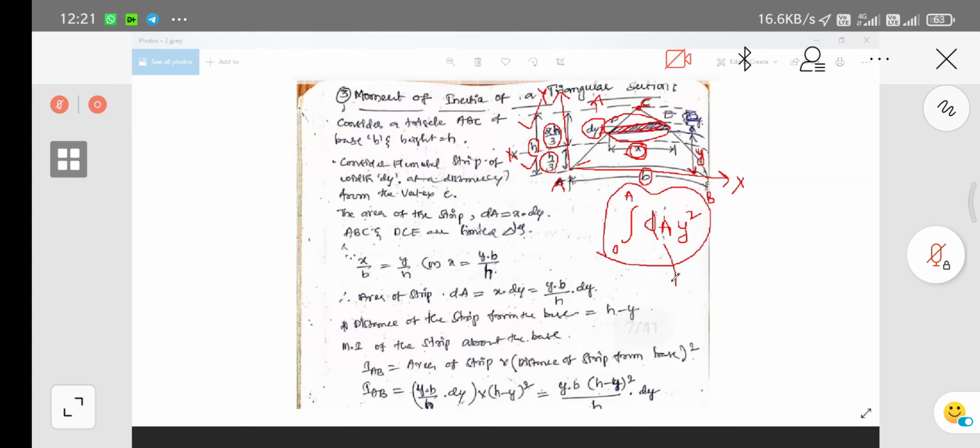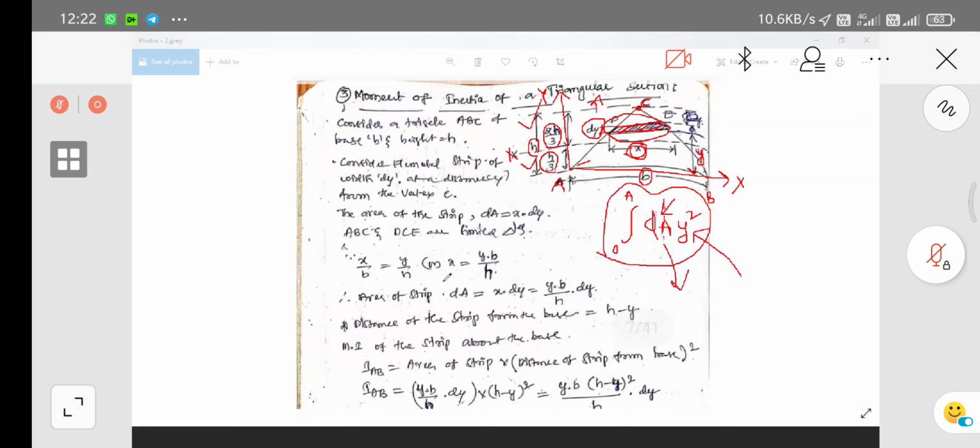So in order to apply the moment of inertia definition, we have to derive the differential elemental area and also the perpendicular distance. So the perpendicular distance we are having is y here.